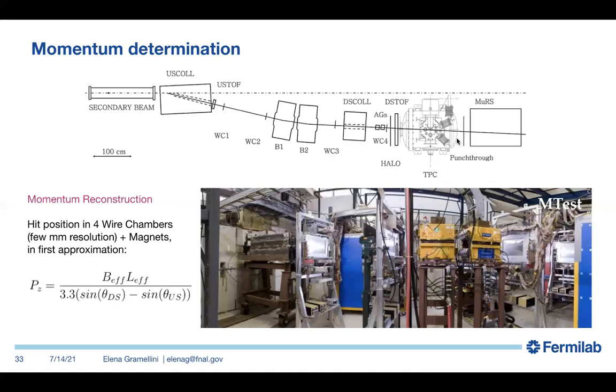The combination of their positions at these four points in the beamline and how hard you drive the magnets gives you a measurement of your momentum. It's basically the Lorentz force. You know where the particles were before they got deflected, where they ended up after they were deflected, and the strength of the magnetic field, so you know the momentum of your particle that gets into your TPC.